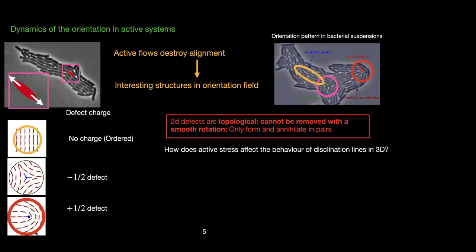There is lots of research about how these defects interact, what the orientations of the defects are with respect to each other, and what defects form in 3D. For example, in 3D it's very interesting because these defects, instead of point-like things, form disclination lines, which are 3D structures.